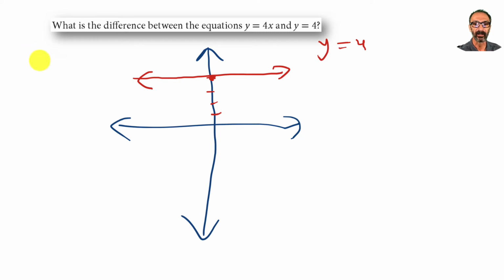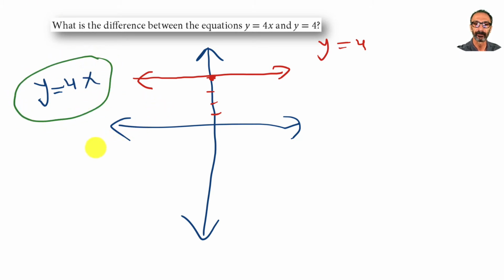If you want to graph y equals 4x, let's do that in green instead. Let's change this to green. 4x, if you plug in 0, you get 0. That's the origin. If you plug in 1, you get 4. And 1 for x will take you up to 4, so it's this line.